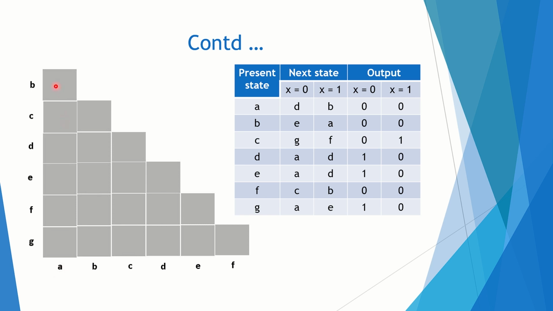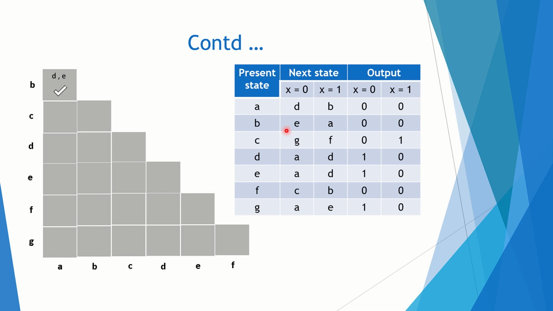States A and B have the same output, so they are equivalent, and the difference between them is D and D. When D and D are equivalent states, then A and B are also equivalent. Because the outputs are equal, you give a tick mark and then write the state D. When D are equal, then A and B are equal.